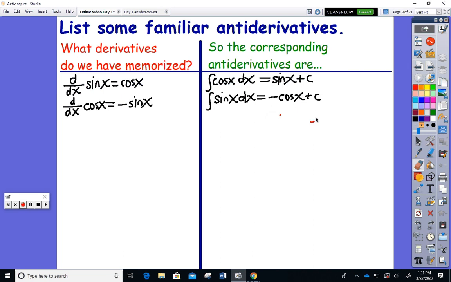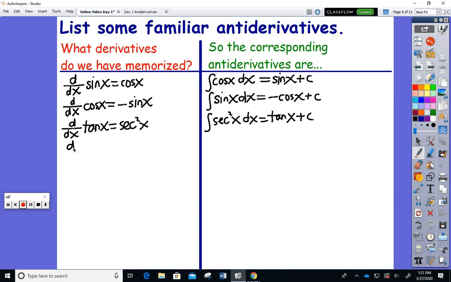to make more room. So let's review the other ones that we know that are pretty straightforward. So I know the derivative of tangent x is secant squared x. Therefore, you can take the antiderivative of secant squared x and get tangent x, and I should be good and always say plus c.